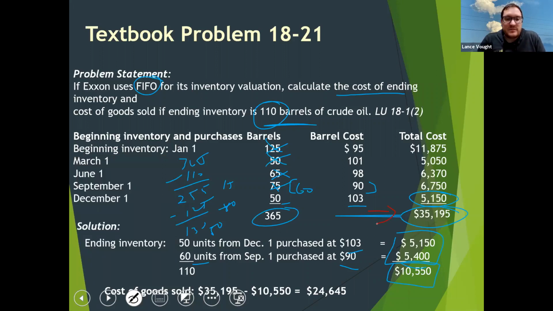So 35,195 minus 10,550 leaves us with $24,645 as our cost of goods sold. If it was the LIFO method, last in, first out, it would be the opposite. For weighted average, you would just take the 35,195 and divide it by 365.